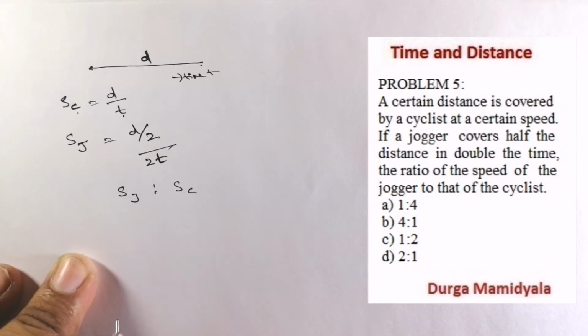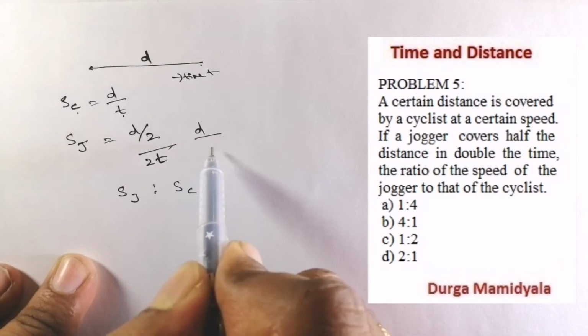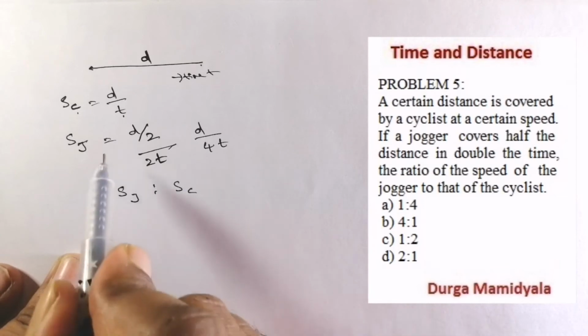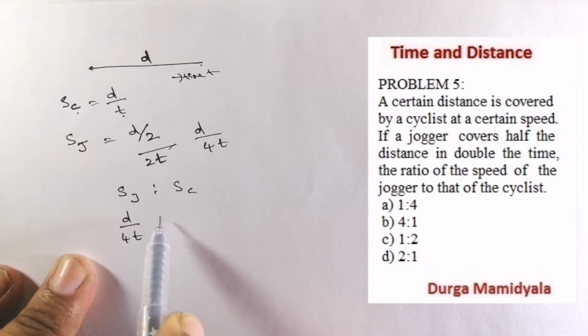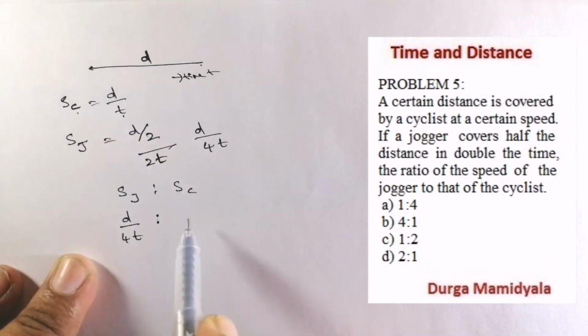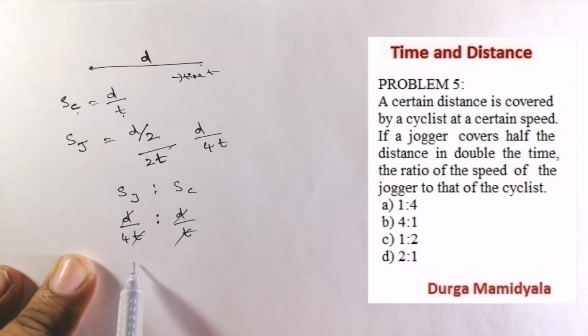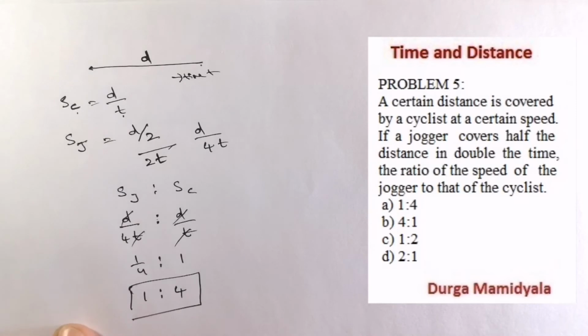If we solve this, the jogger has d by 4t, whereas the cyclist has d by t. So d and t we can cancel. So it is 1 by 4 is to 1, that is 1 is to 4. So 1 is to 4 is our answer, right?